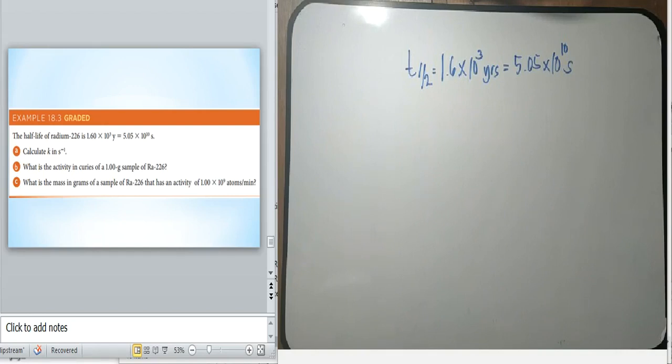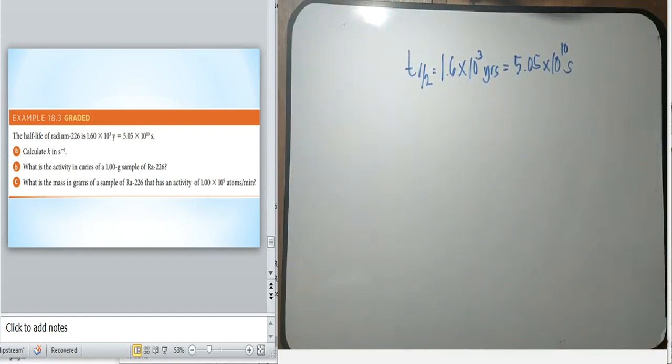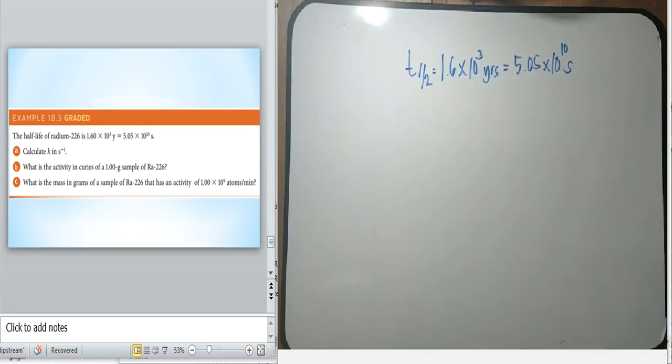For example, if we have 1 gram of radium 226, that 1 gram of radium 226 will be 0.5 grams after 1,600 years. So ganun siya katagal. Alright? Okay, so let's now move forward.